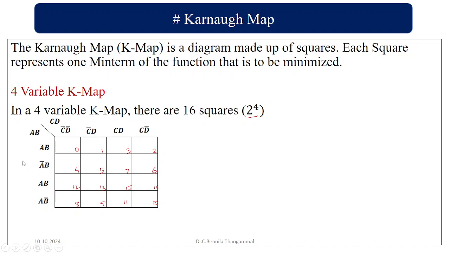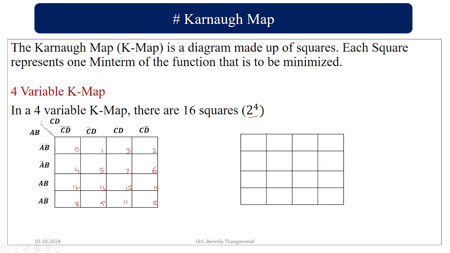Suppose what happens if I change this variable. If I take A, B this side and C, D this side, then what happens we'll see now. Similarly A bar B bar, A bar B, A B, A B bar, and C bar D bar, C bar D, C D and C D bar. Now how to find the value? 0, 0, 0, 0, so the value is 0 here. Here it is 0, 1, 0, 0, so this is going to be 4.